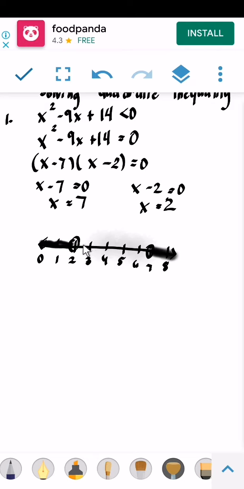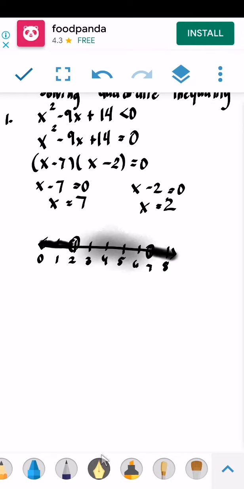Pwede siyang maging 3, 4, 5, 6. Pwedeng nasa gitna. So, yun yung 3 possible intervals natin. Again, ano yung tatlo na yon? Pwedeng yung x mo ay mas mababa kay 2. Pwedeng yung x mo ay between 2 pero hindi siya lalagpas ng 7. Pwede rin yung x mo ay mas malaki kay 7.